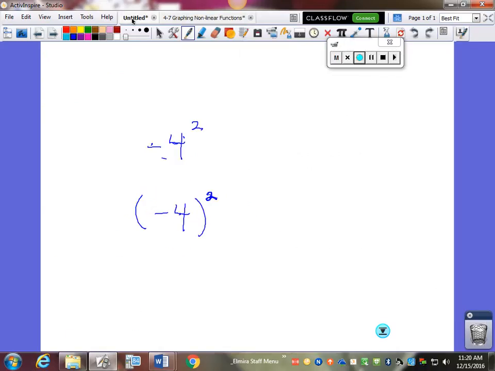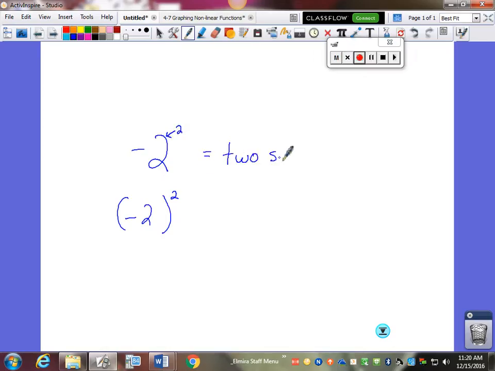Okay, so let's say I had negative 2 squared versus negative 2 in parentheses squared. Here's the difference. An exponent only affects what it directly touches. It is touching the 2. This is saying 2 squared, and then take the negative of it.